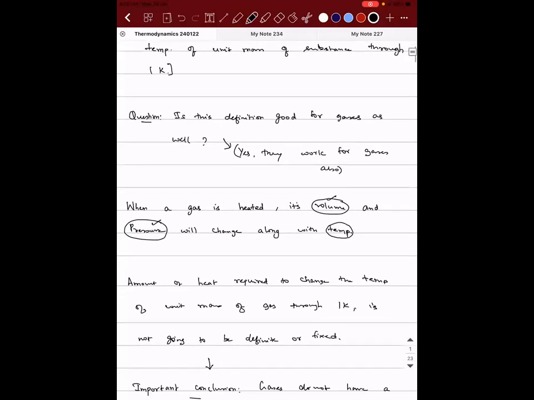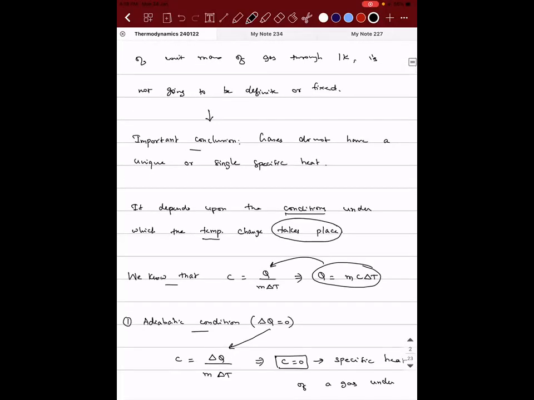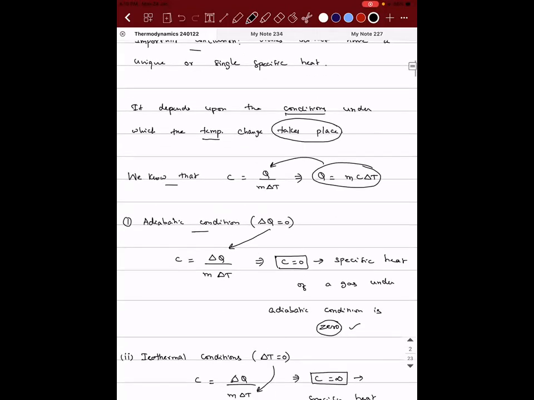From that basic definition, if I try to apply what is going to happen with respect to a gas under an adiabatic process. What is an adiabatic process? Basically, there is no exchange of heat taking place between the system and the surrounding. Then it's called an adiabatic process. Now listen. Now what does it mean by C being 0?